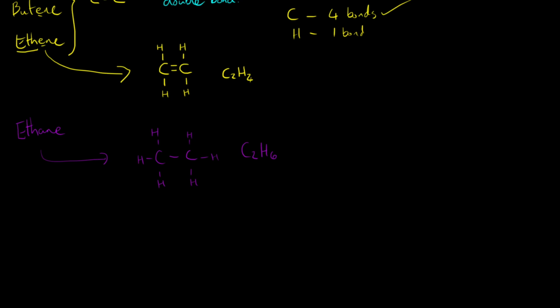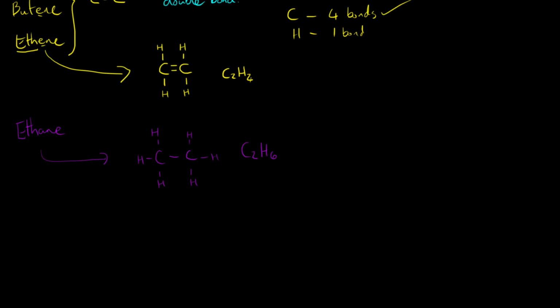So what does that show us? Well, it shows us that the alkenes with their carbon-to-carbon double bond require less hydrogens in their structure, whereas the alkanes, where they don't have a carbon-to-carbon double bond, will have more hydrogens.